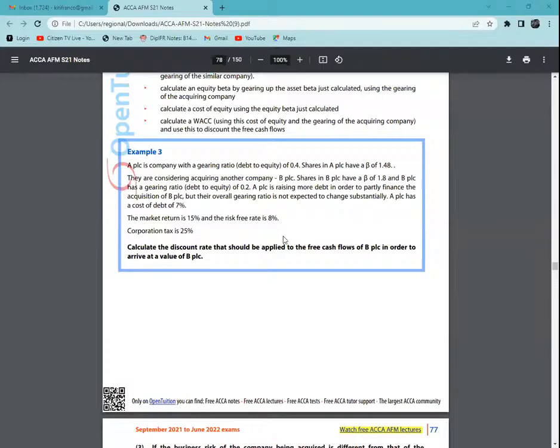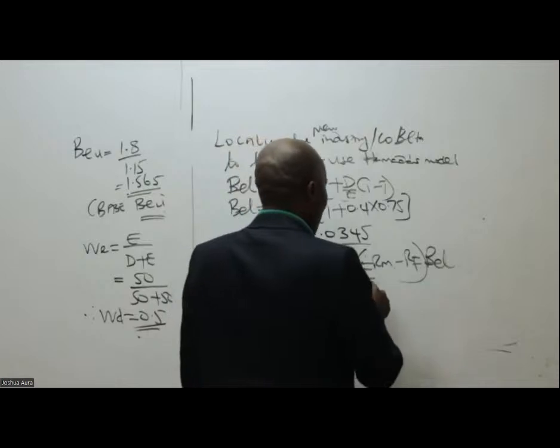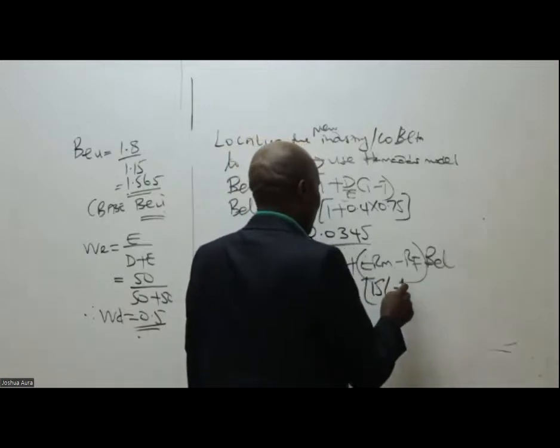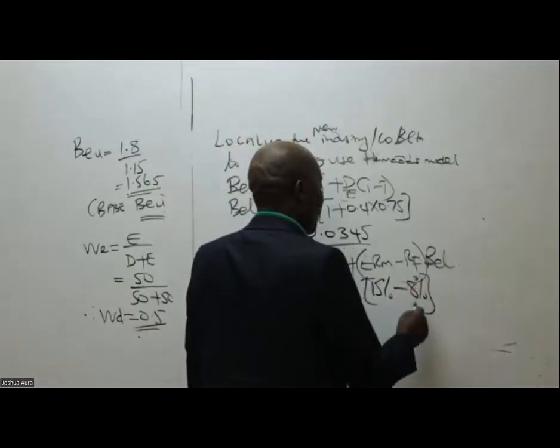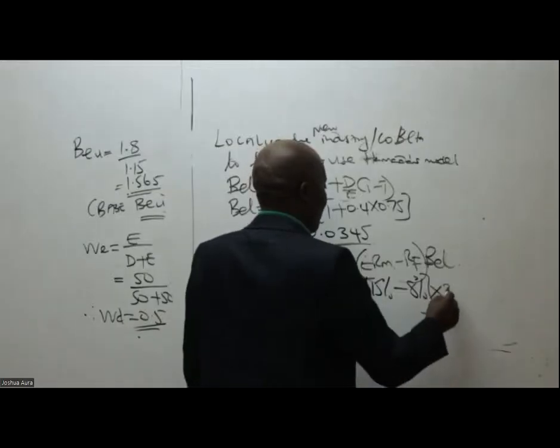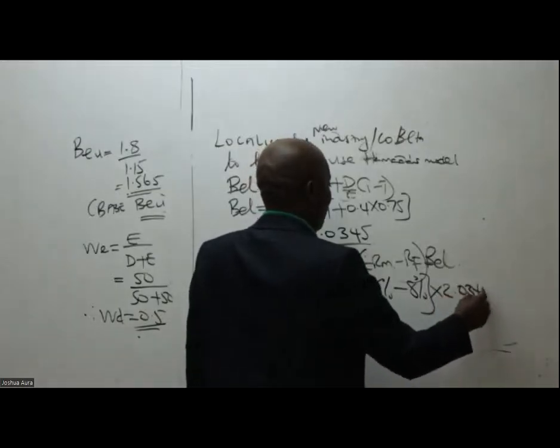Thank you so much. Plus, are you able to see the expected return of the market? Yes, market return here is 15%. So market return of 15% minus risk-free of 8%, multiplied by the BEL that we got up here, which is 2.0345.